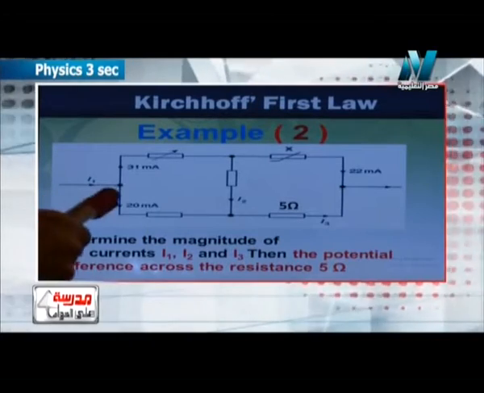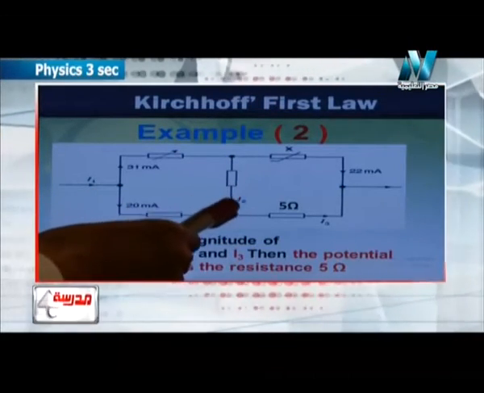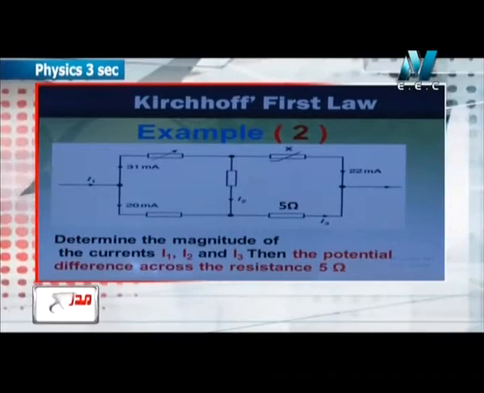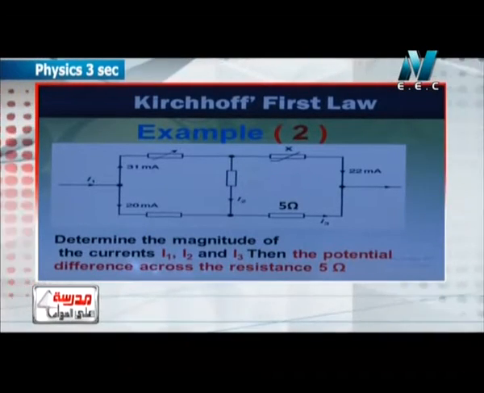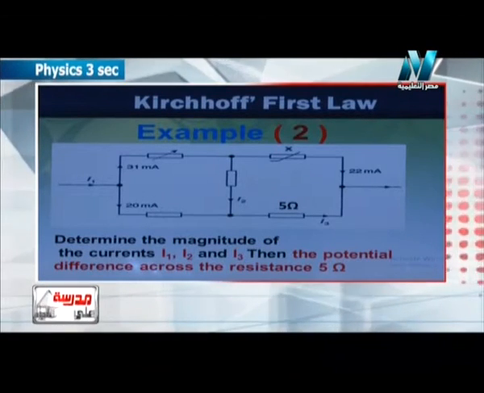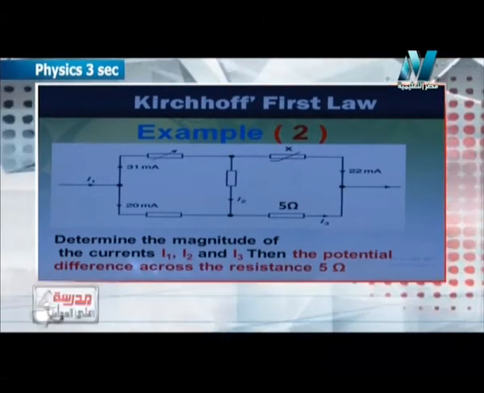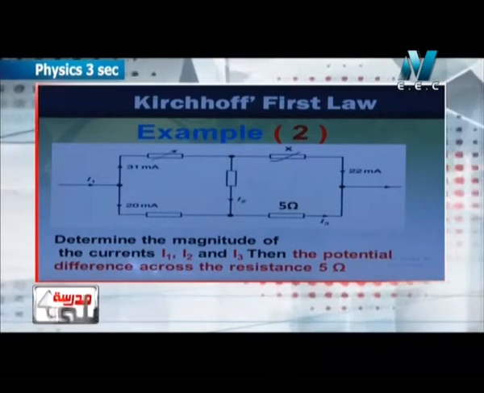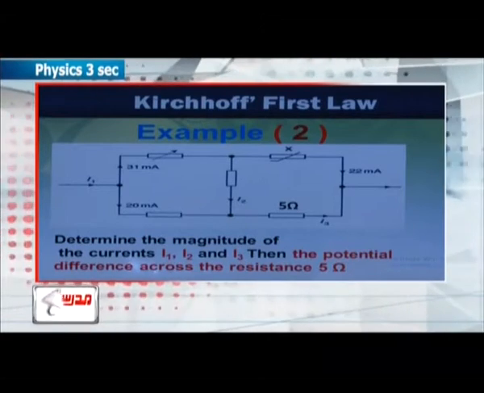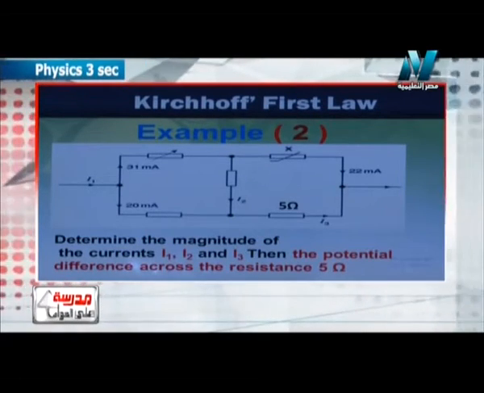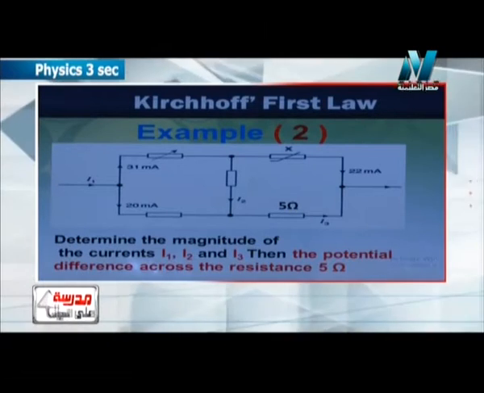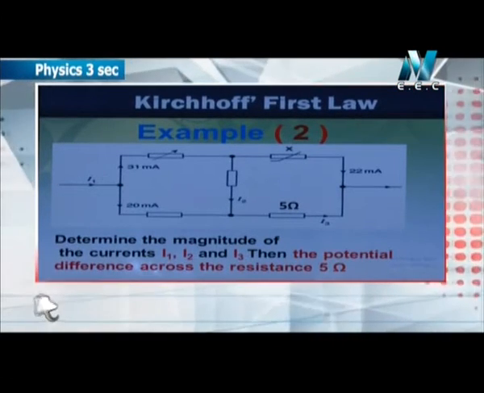Then the 20 milliampere meets with I2 and continues to the component of 5 ohm. According to the figure, determine the magnitude of the currents I1, I2 and I3, then the potential difference across the 5 ohm resistance. Let's solve that problem.